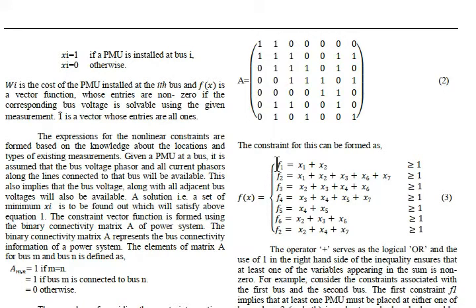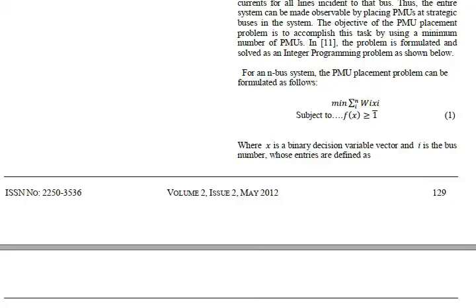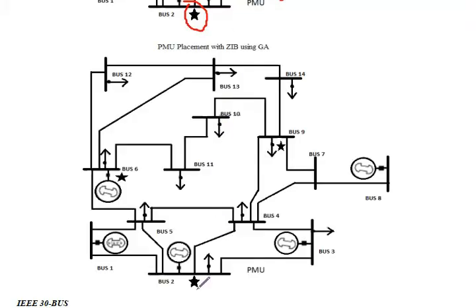So observability means the phasors of current and voltage of that specific bus can be measured. For example, if a PMU is placed here or at whatever place, and the voltage of this bus and the currents of these branches are known, the phases of current and voltage are known, then it means that this bus is observable.